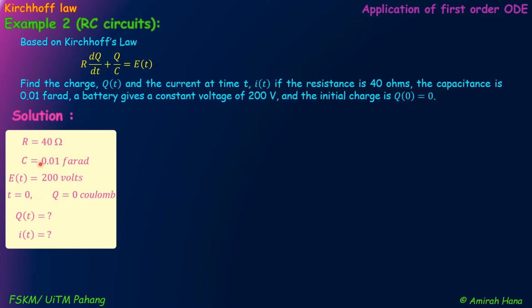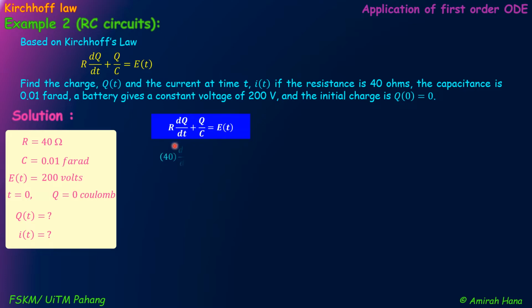After we extract R, C, and E(t), we can start with the given formula, which is R dq over dt plus q over C equals E(t). We substitute the values of R, C, and E(t) into this formula.